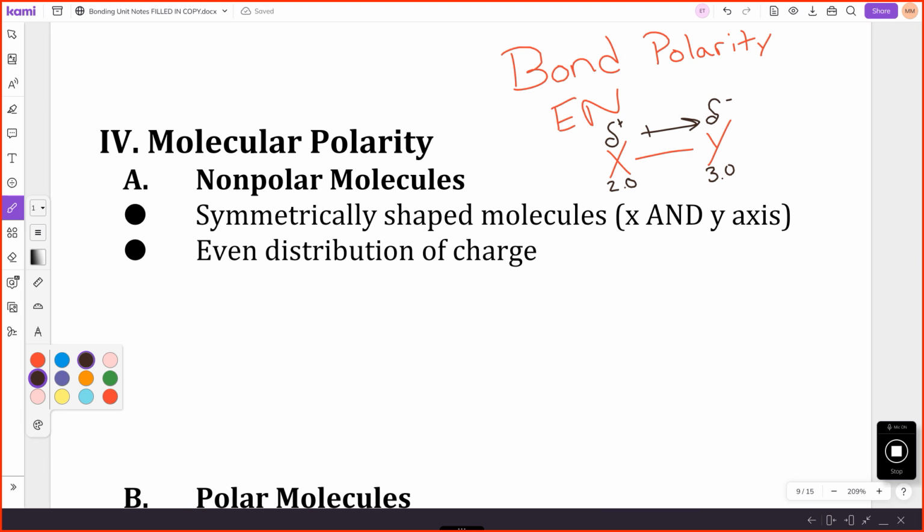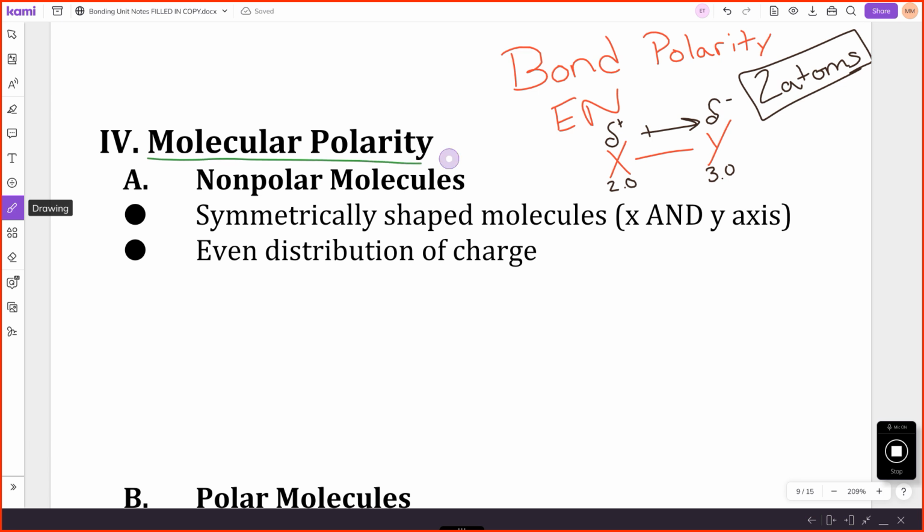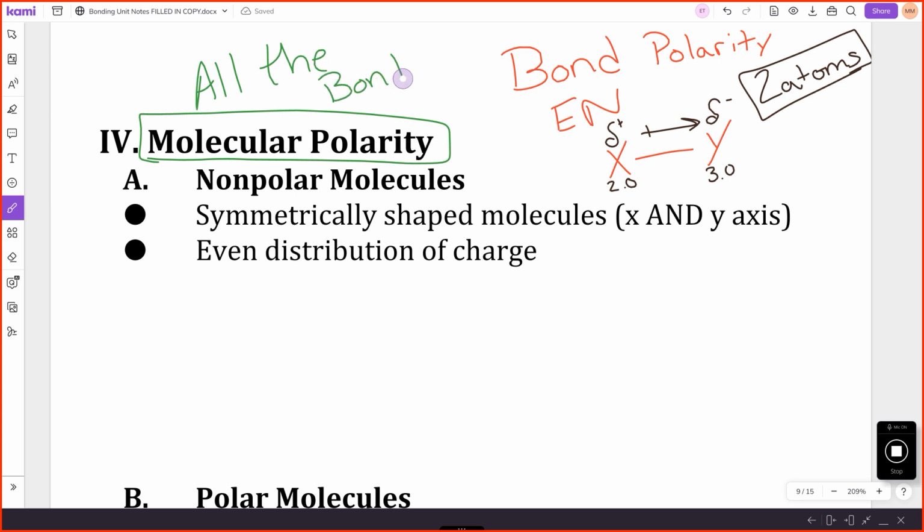The one thing I want us to keep in mind is that in this bond idea of polarity, we are only dealing with the polarity of two atoms. We still have to use this concept when dealing with the polarity of a molecule, but with the polarity of a molecule, we're going to look at all the bonds.